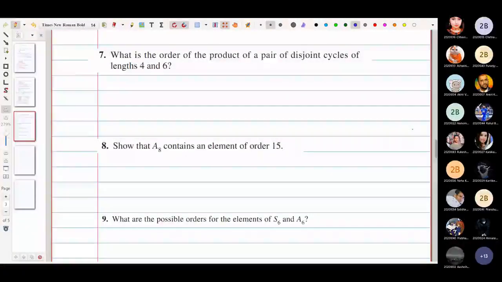Let us see the next question. Question number 7. What is the order of a product of a pair of disjoint cycles of length 4 and 6?